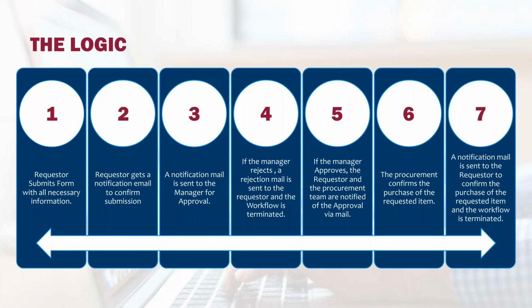Then the procurement team also gets another notification to confirm that the item has been purchased. When they purchase the item, they go back and confirm it. After confirmation, the requester gets a final notification to inform him or her that the item requested has now been purchased, and that is the end of the workflow.